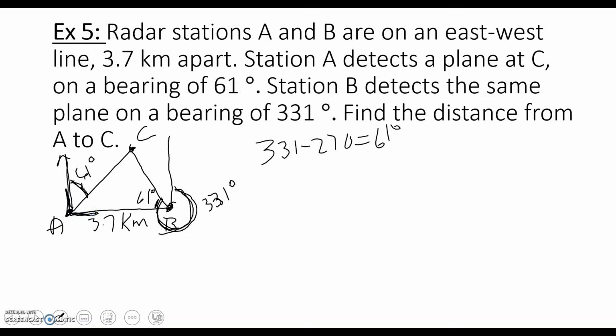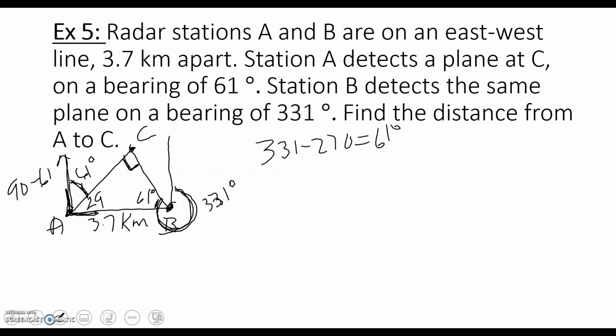That means this inside angle is going to be 90 minus 61, which is 29 degrees. And so that lets us know this is 29, this is 61. 29 and 61 is 90. That lets us know that this is a 90-degree angle right here.